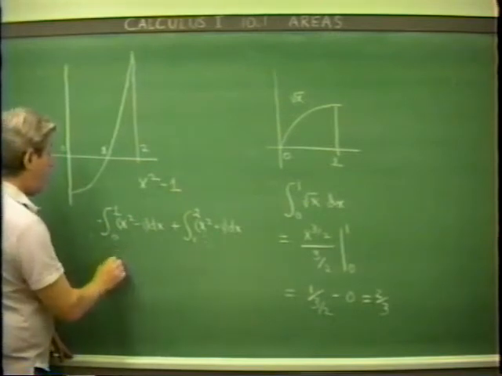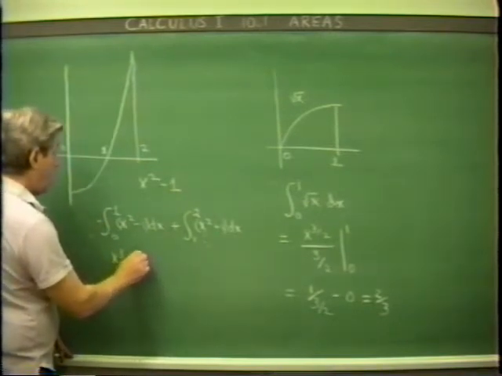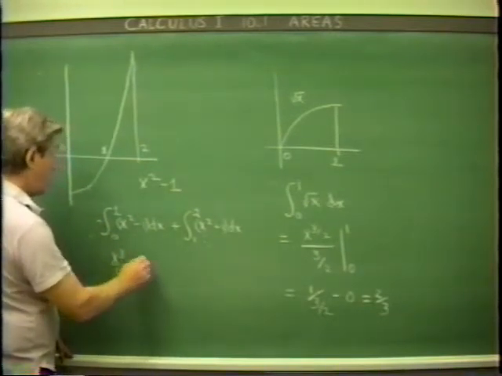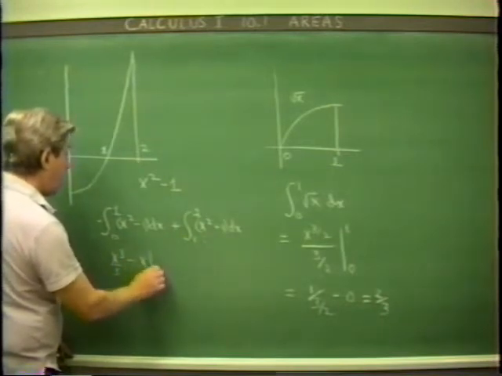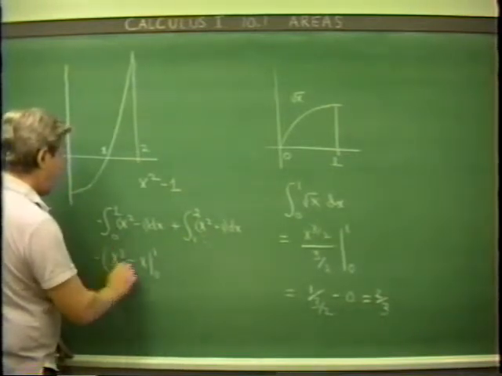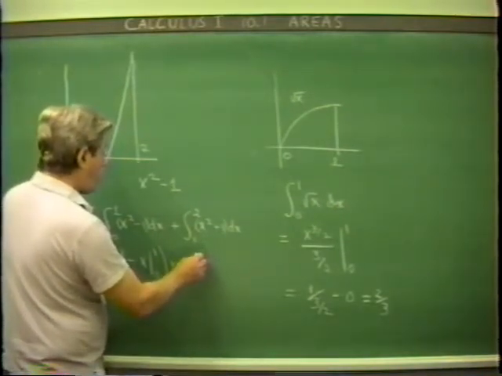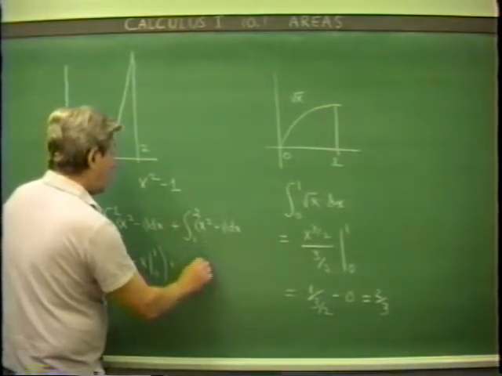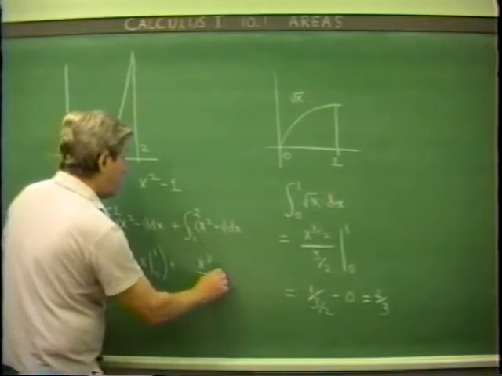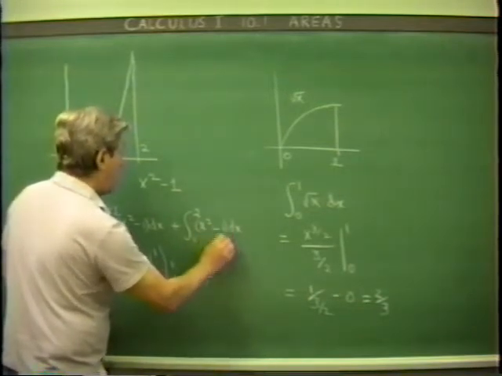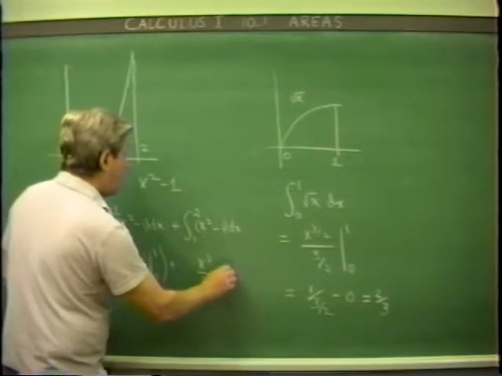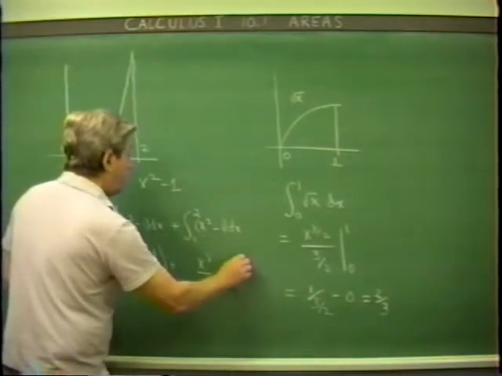So that here you will get x cubed over 3 minus x evaluated from 0 to 1, the negative of this, plus x cubed over 3 minus x evaluated from 1 to 2.